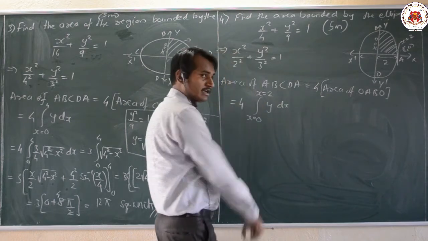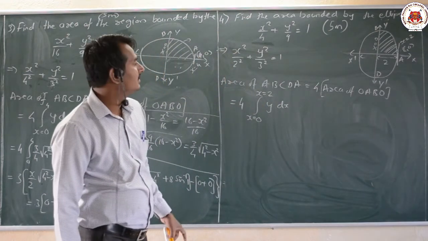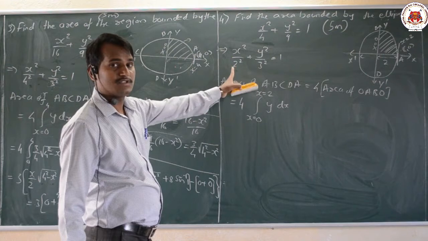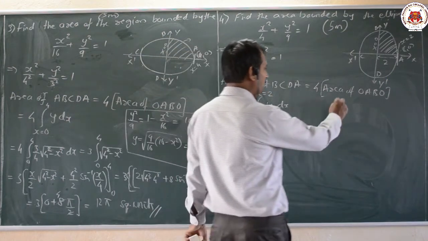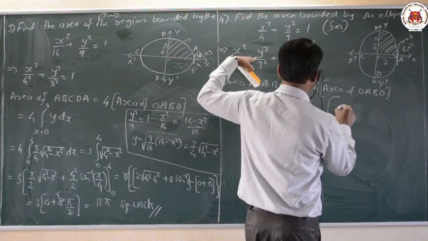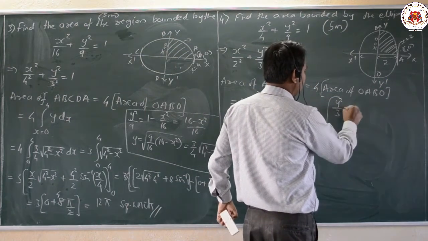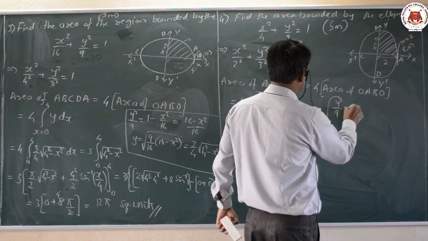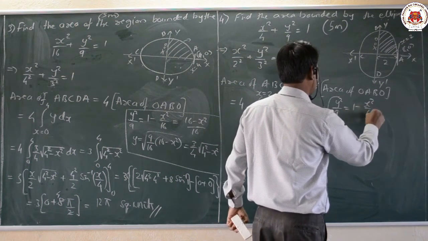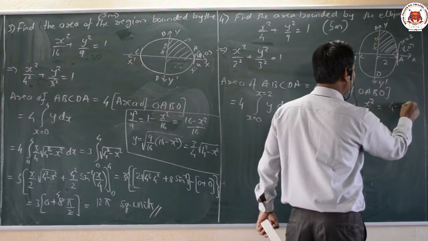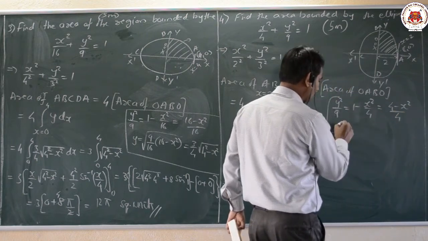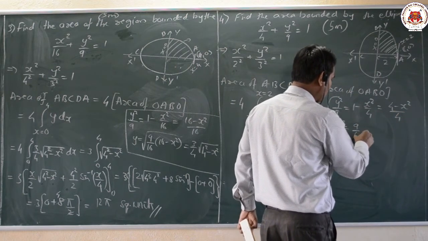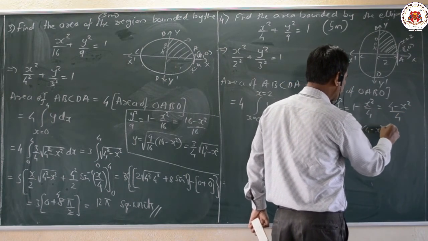Now what is this y that we require to find? That is by making use of this particular equation. We know that y square by 9 equal to 1 minus x square by 4, that is 4 minus x square by 4, or else y square is equal to 9 by 4 into 4 minus x square.